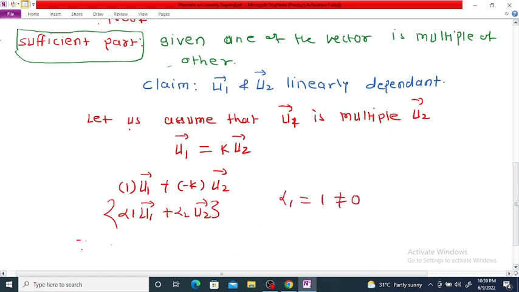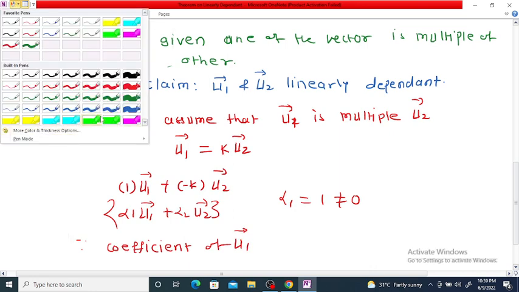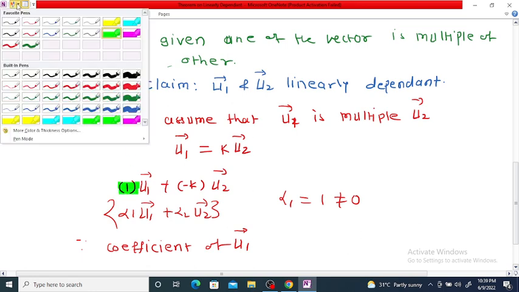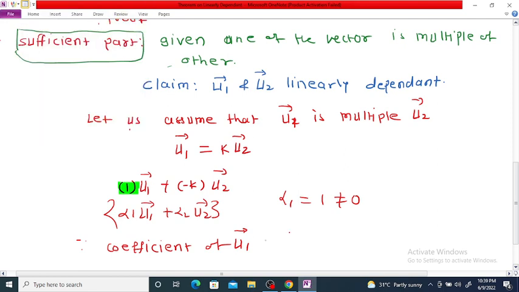Now since the coefficient of u1 bar is non-zero, we write the given equation as alpha 1 u1 bar plus alpha 2 u2 bar is equal to 0 bar, and the coefficient of u1 bar is 1, which is not equal to 0.